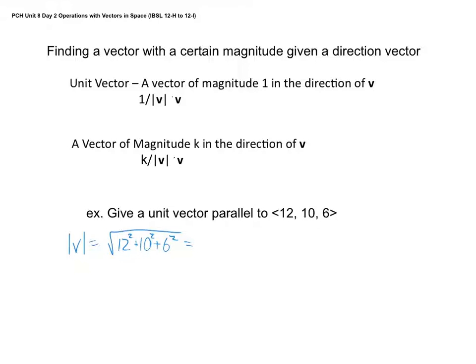is this. So 144 plus 100 is 244, plus 36 is 280. So square root of 280. And square root of 280 is, let's see, that'd be 4 root 70. Or no, 2 root 70.